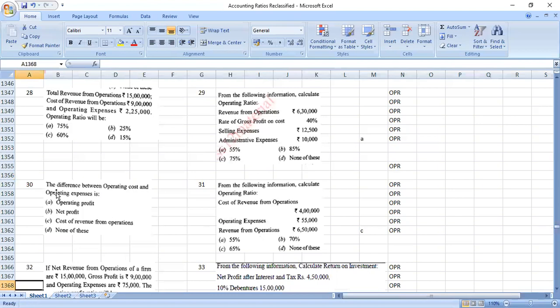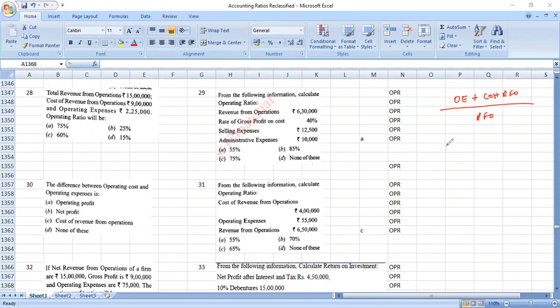Total revenue from operation is 15 lakh, cost of revenue from operation 9 lakh, and operating expense 2,25,000. The operating ratio will be simple: operating expense plus cost of revenue from operation divided by revenue from operation.